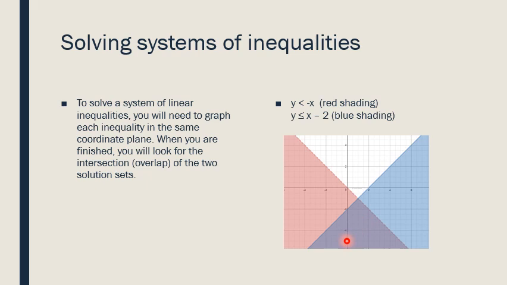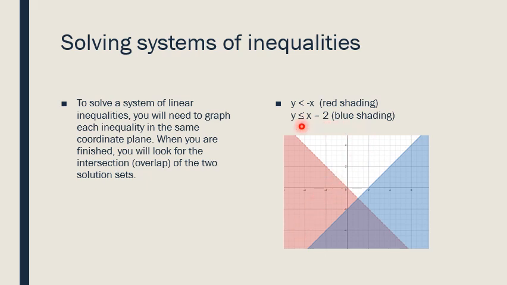So here I've got an example, y is less than negative x. I graphed, remember the technique, I graphed y equals negative x. I made it a dotted line because it's not actually equal. Those solutions on that line are not part of the solution set, but it is the boundary between the solutions and the non-solutions.